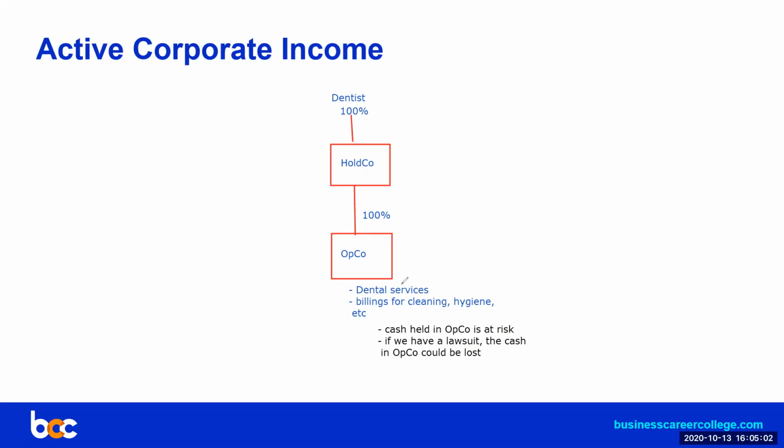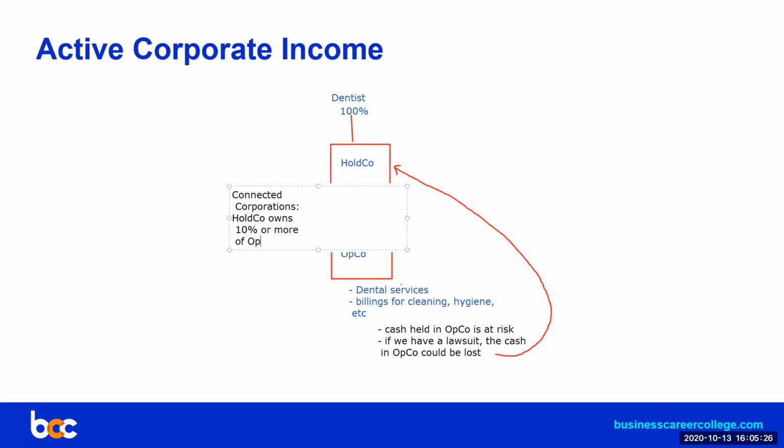So I'm going to take that excess cash and move it up to holdco. These are what we consider connected corporations. There's more than 10% ownership between the two of them. That is, holdco owns 10% or more of opco. And what that allows me to do is to move dividends tax-free from one corp to the next.